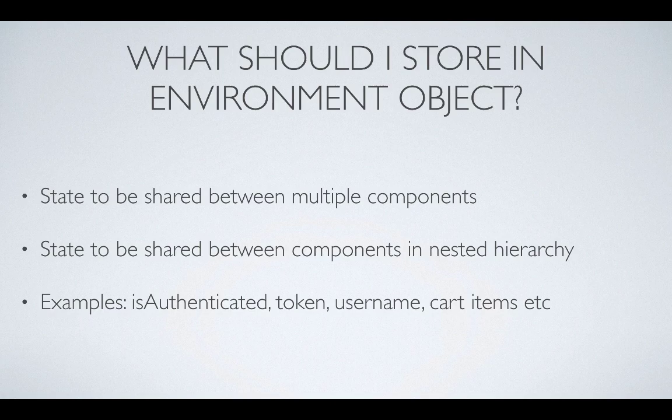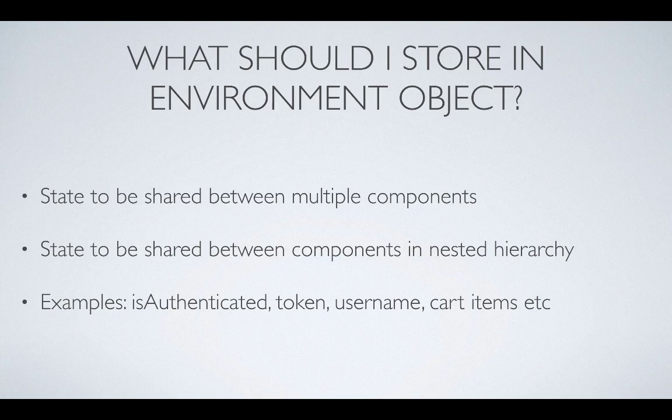If your app is displaying a list of wish list items, maybe favorite books, and you want to display those favorite books in multiple views, you need to access them in multiple views, and you can also store that in environment object. So that is perfectly fine.